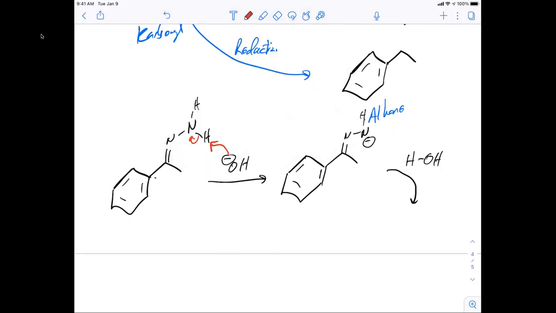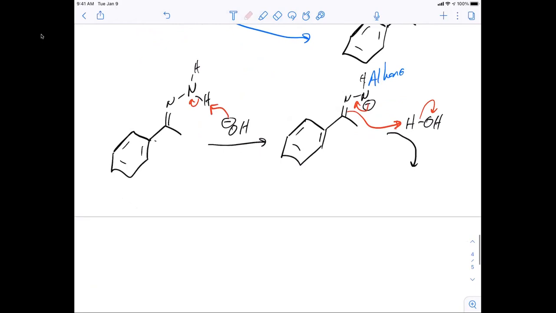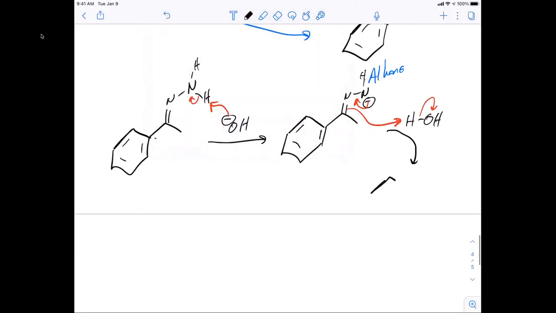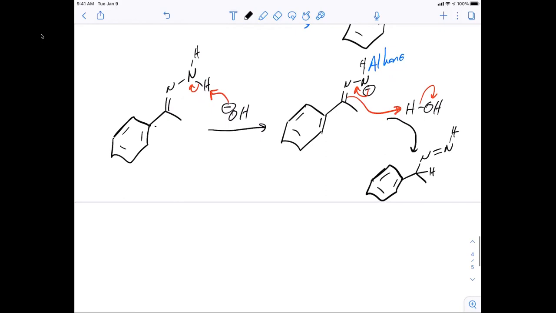This one, we're going to pull, the electrons are going to go down toward the nitrogen, making a double bond to the nitrogen, and then this pi bond is going to pick up a proton. Okay, give me this species.